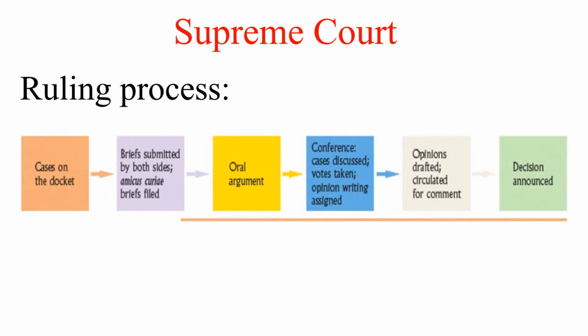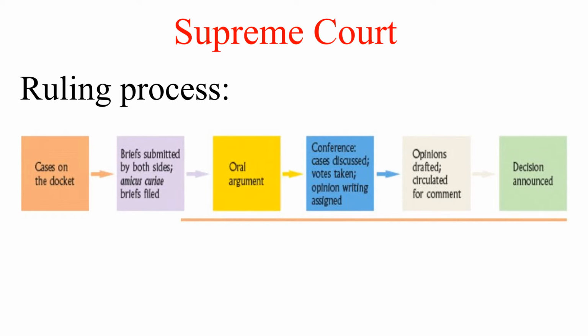Then they turn around and write their opinions individually, then share it with the presiding justice, which doesn't have to be the chief justice. It could be, but every case has a different justice that presides over the case. So that justice collects all the opinion positions from all 9 justices, or 8, not including himself, and then the decision is announced.